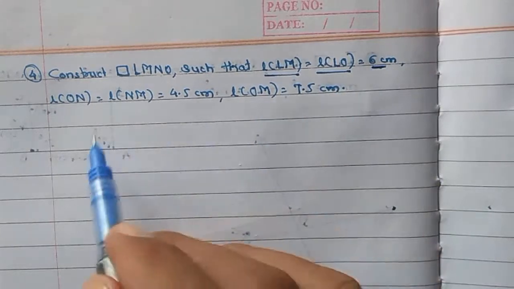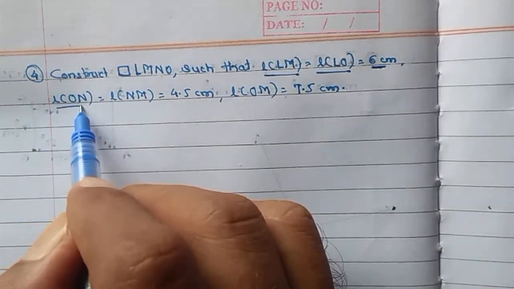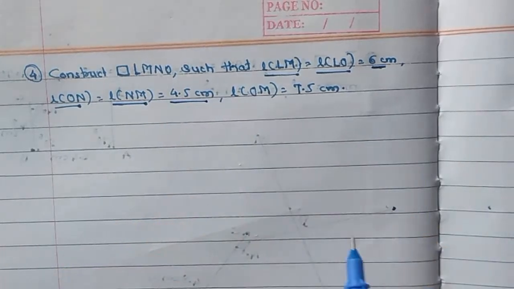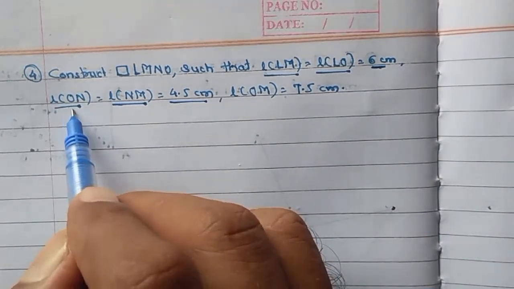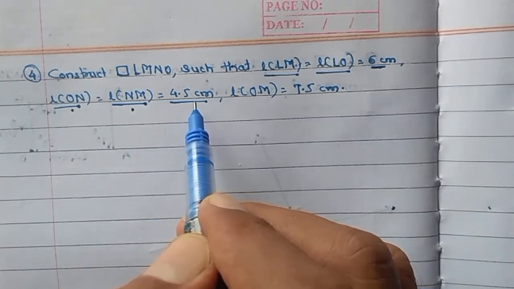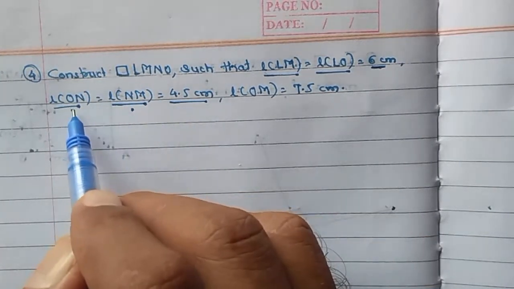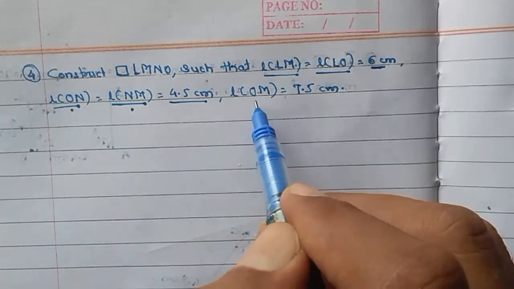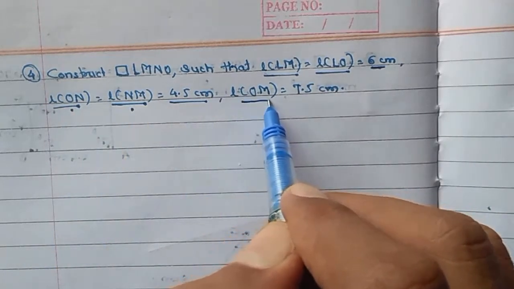The same case is done here. Length of ON is equal to length of NM is equal to 4.5 centimeter. Means length of ON is 4.5, length of NM is also 4.5. And then lastly, length of OM is 7.5 centimeter.